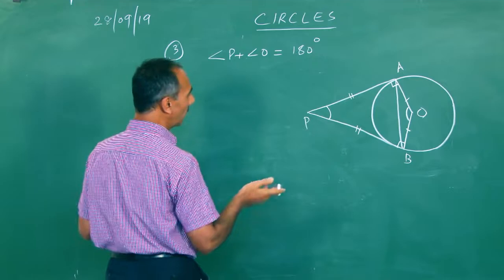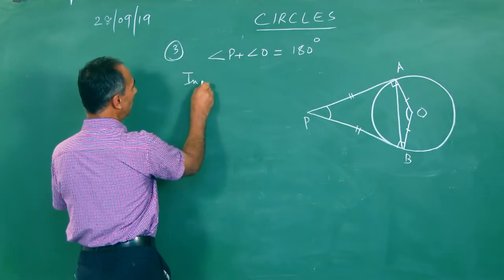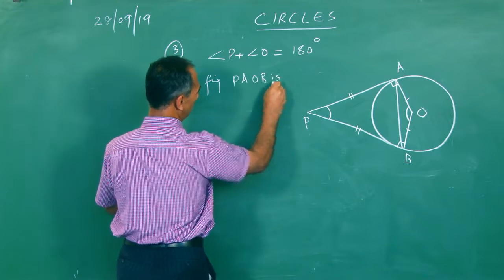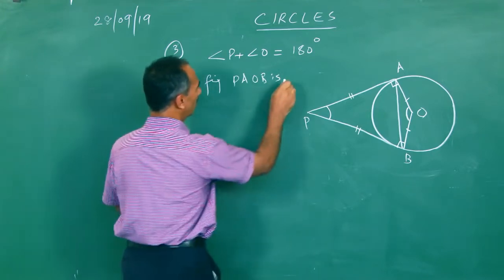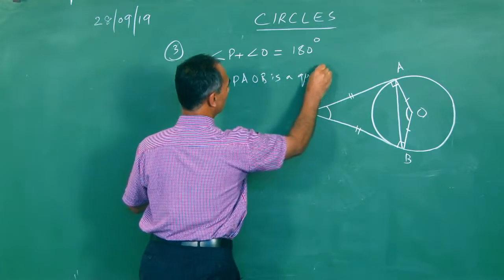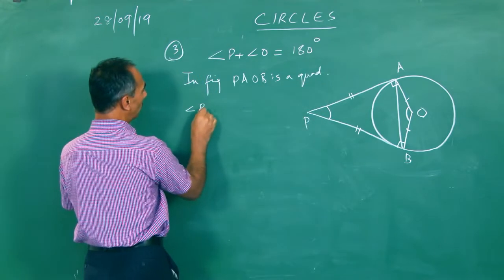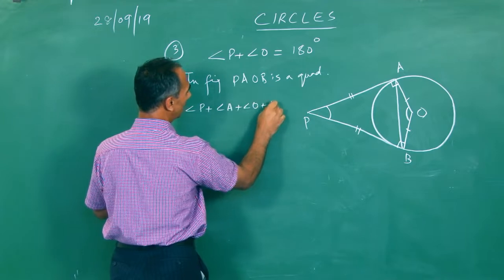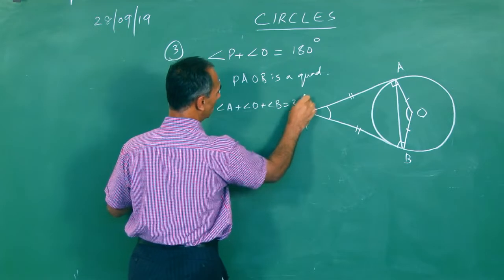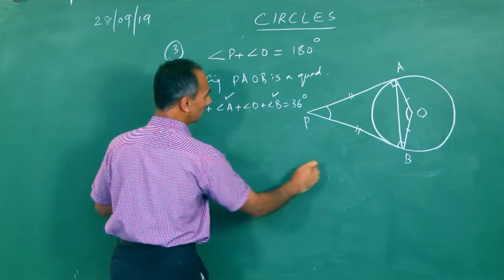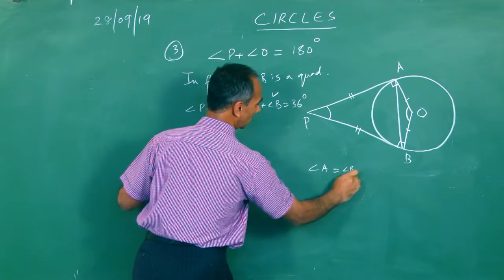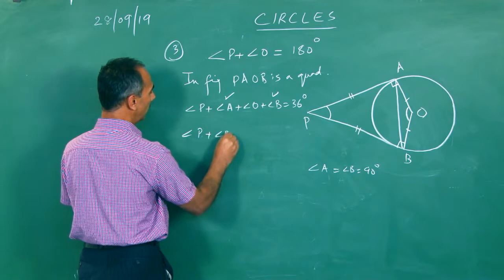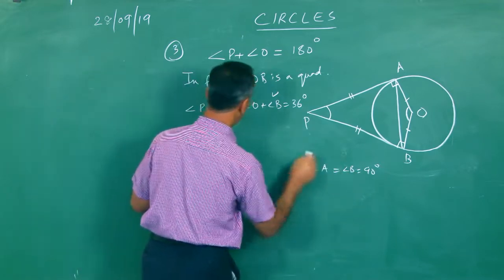So that means by angle sum property, in the figure, PAOB is a quadrilateral. In fact, it's a kite also. So if it's a quadrilateral, the sum of its four angles is 360 degrees, angle sum property. But angle A and angle B, both are 90.